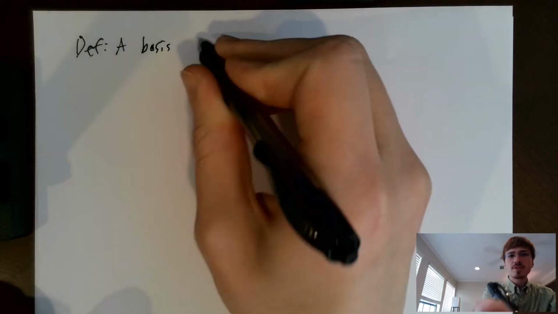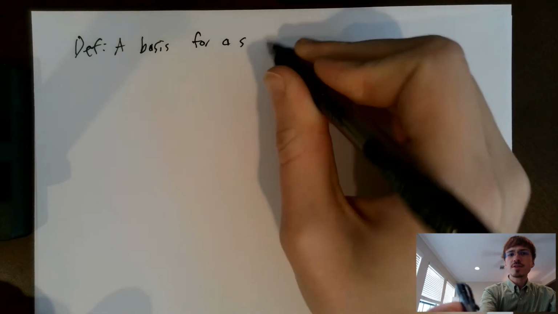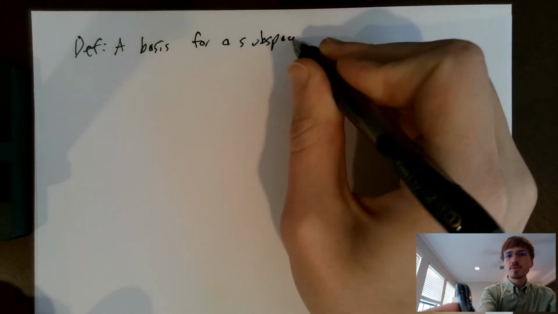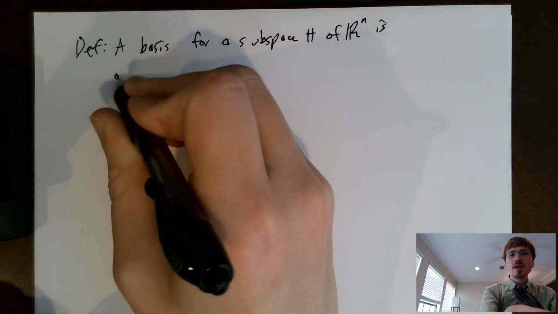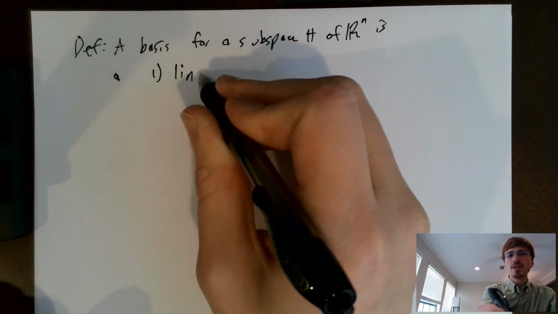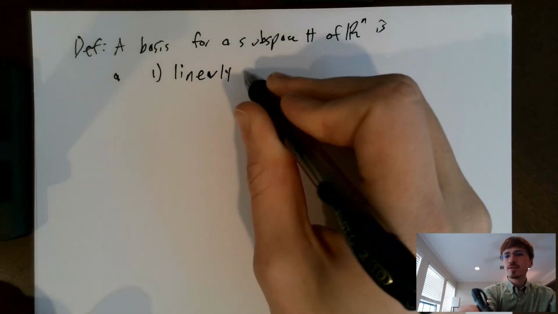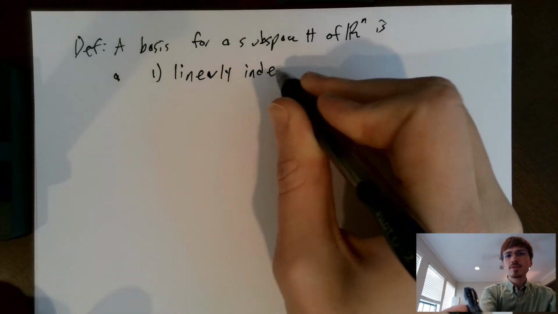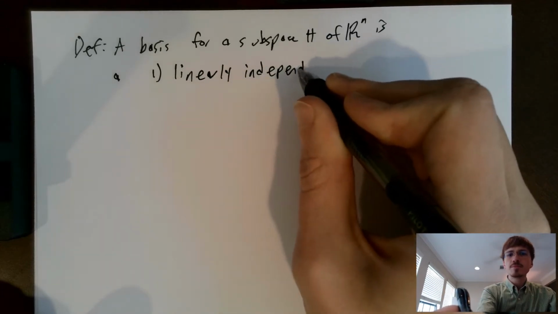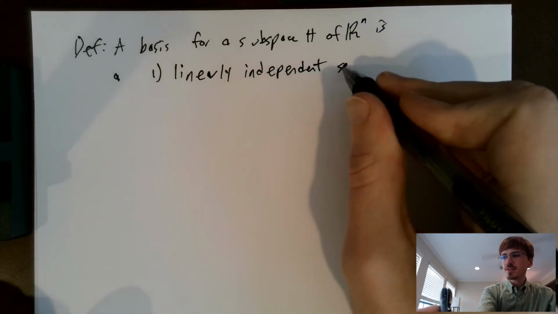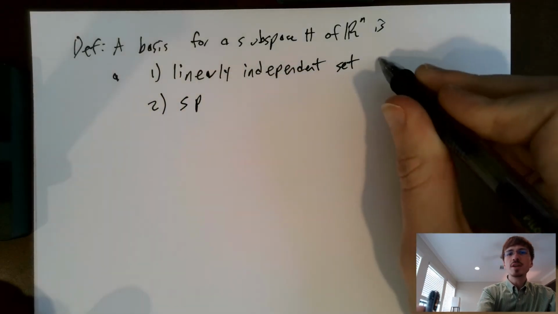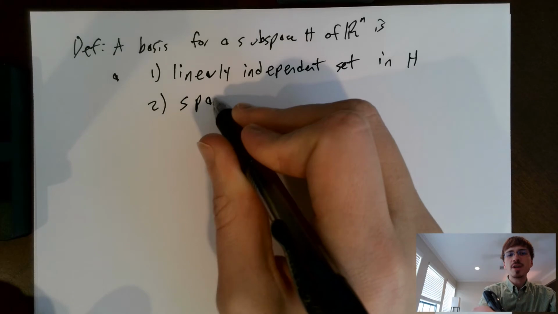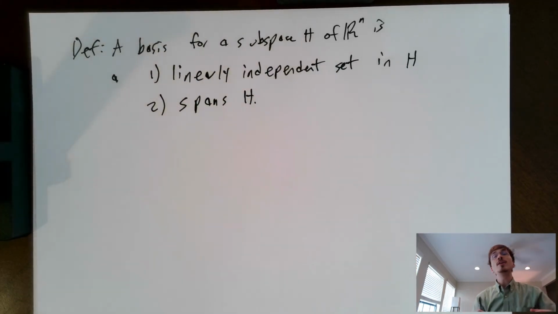A basis for a subspace H of Rn is 1) a linearly independent set, and 2) in H, and it spans H. So a basis has to satisfy these two really important properties.